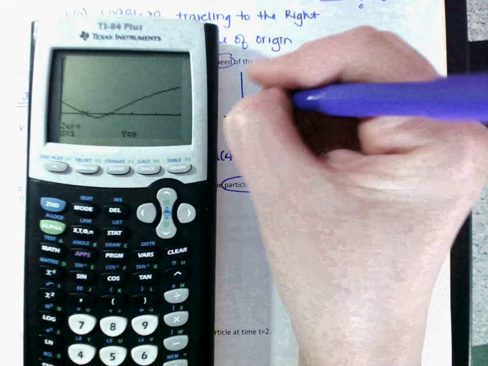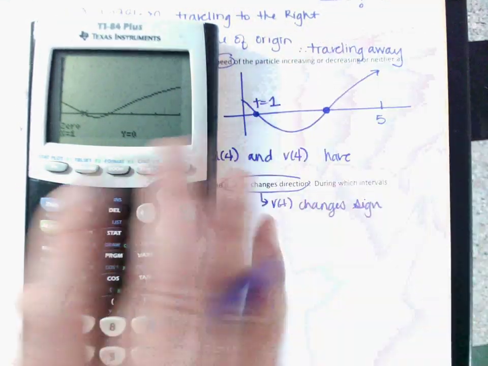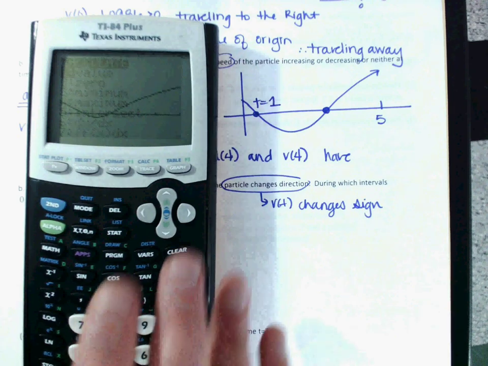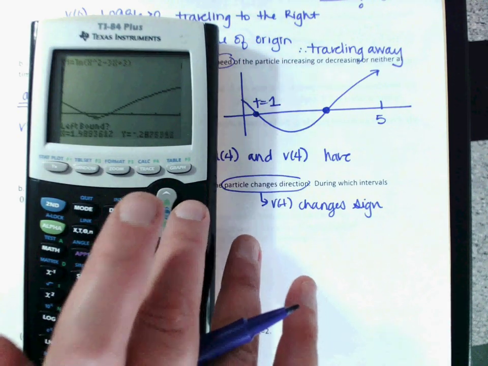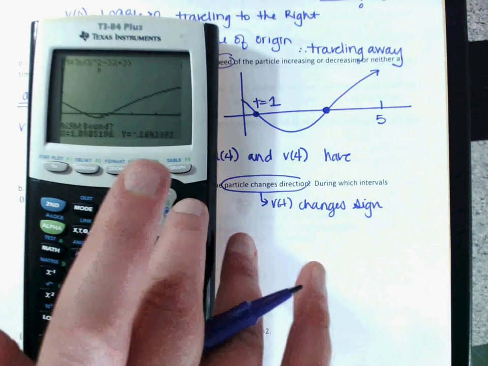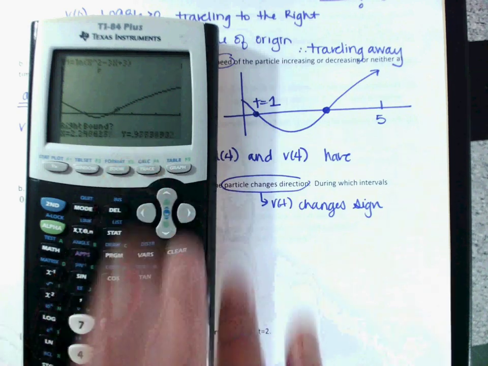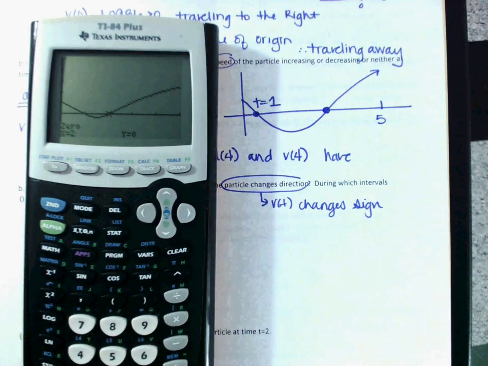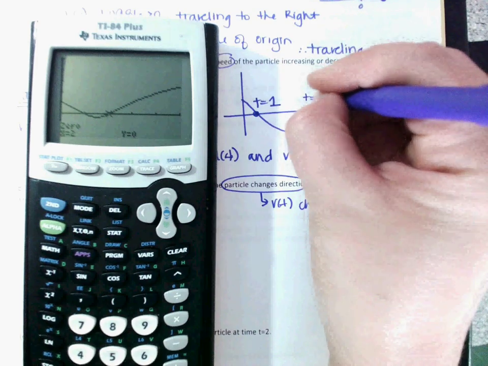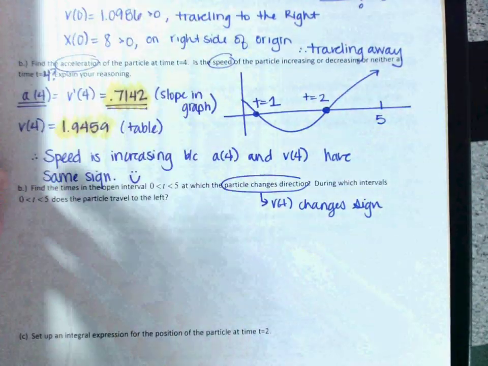This one is at 1. Second trace, 0. Now I'm going to go to the other one. The other one happens at 2. So, nice, easy whole numbers.